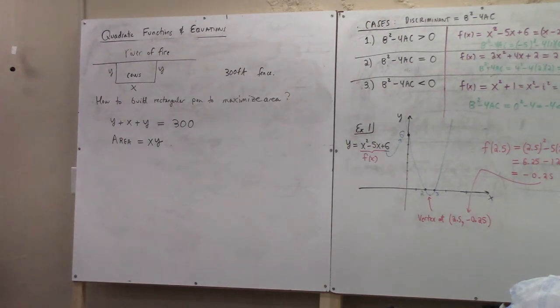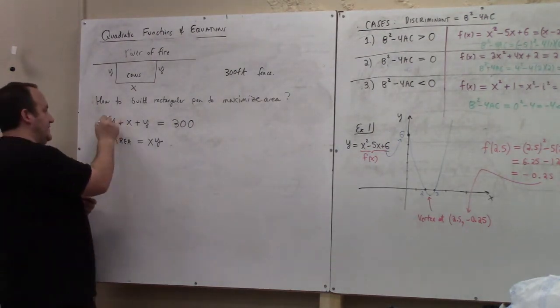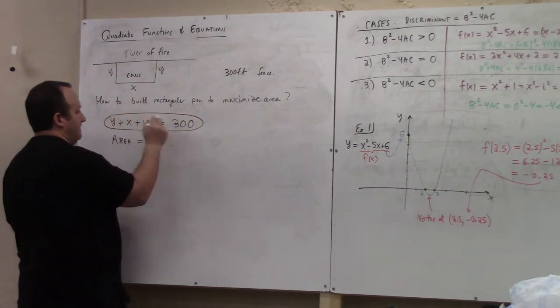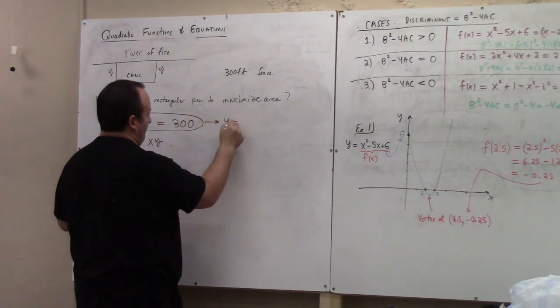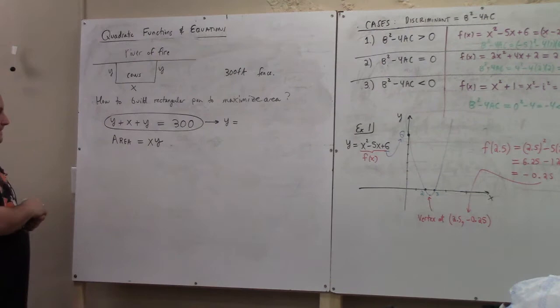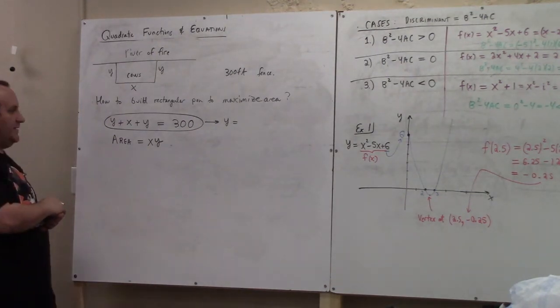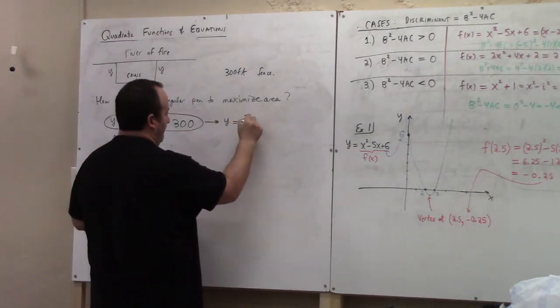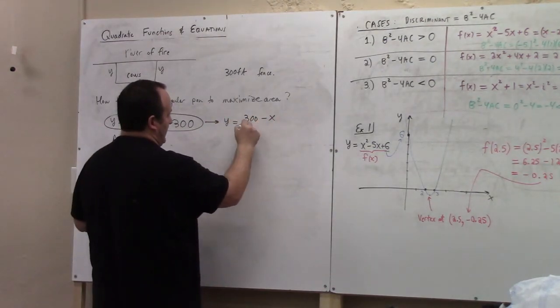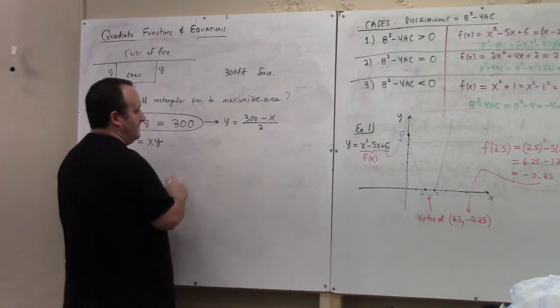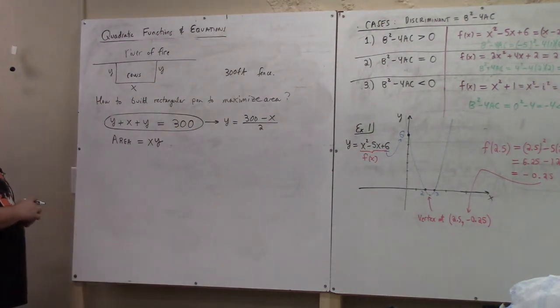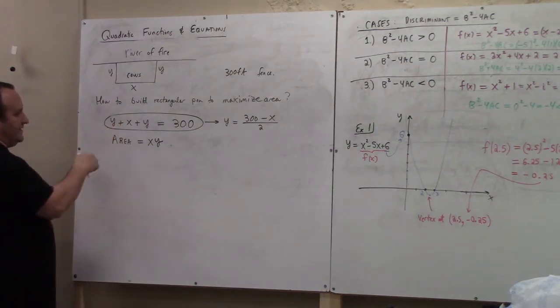But see what we can do is take that perimeter equation and substitute it into the area equation. This top one, what's this tell us y is equal to? 300 minus x divided by what? Divided by 2, because this is 2y plus x equals 300.